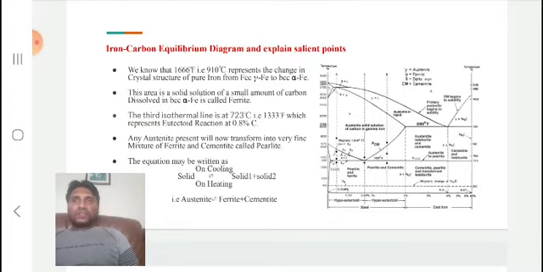Any austenite present will now transform into a very fine mixture of ferrite and cementite, that is nothing but the alternate layers of ferrite and cementite, called pearlite.